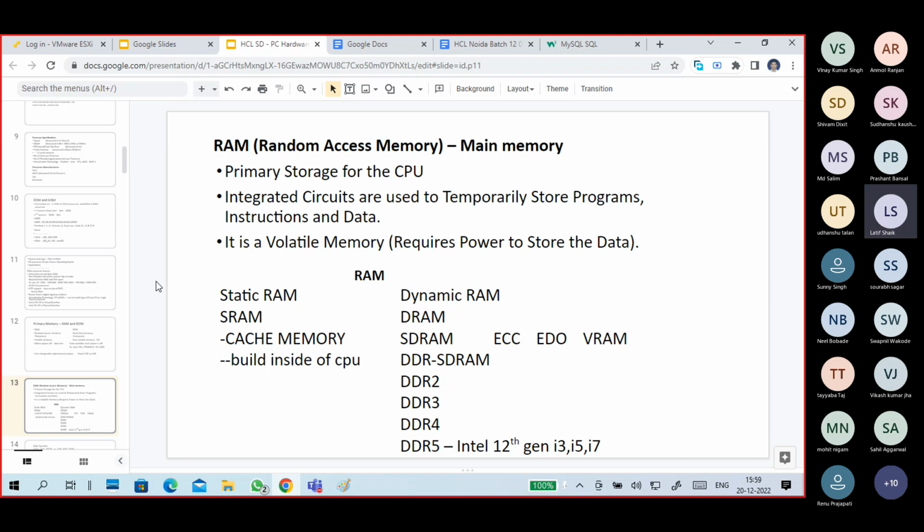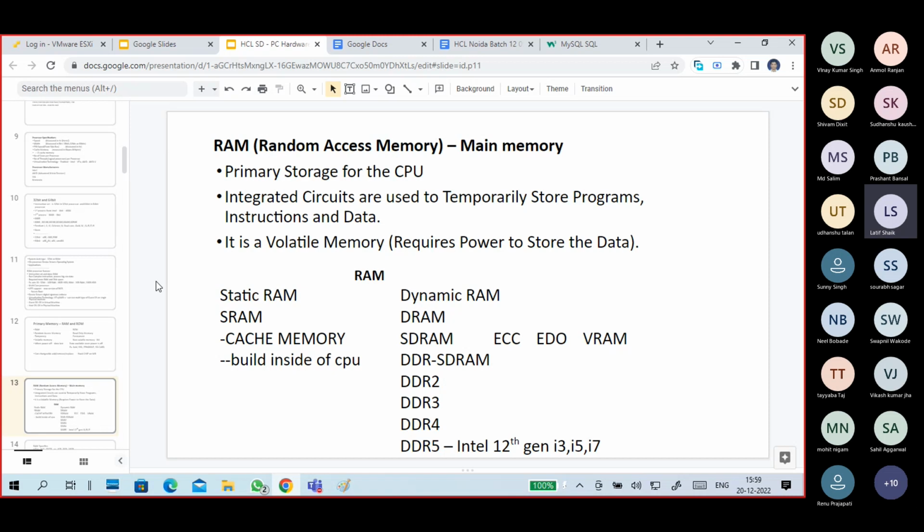Dynamic RAM is the RAM that we connect and disconnect. There are different types of DRAM: SDRAM (synchronous dynamic RAM), EDO RAM, ECC RAM, VRAM. SDRAM is what we use for computing purposes.